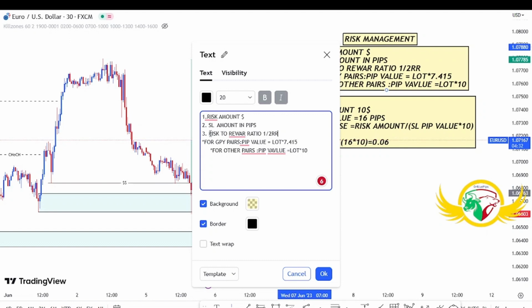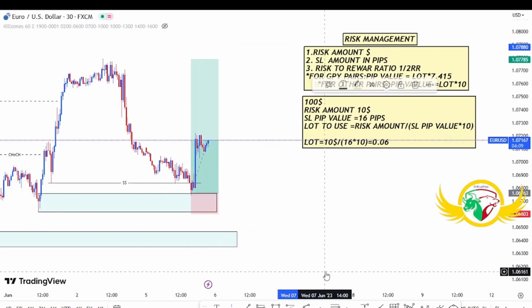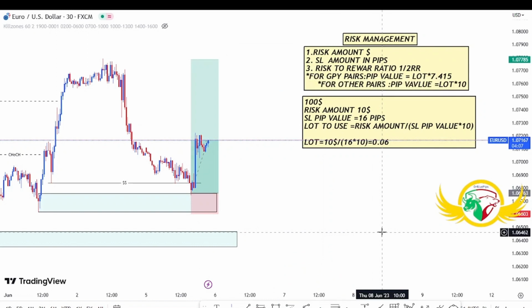This means if you are risking $10, if it goes well, you will gain $20. But better if you have 1 to 3, because you can lose two consecutive trades and win one, and now you have $10 in profit. So this is essential, guys.